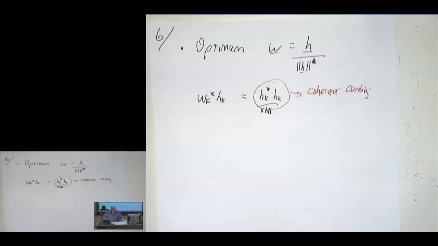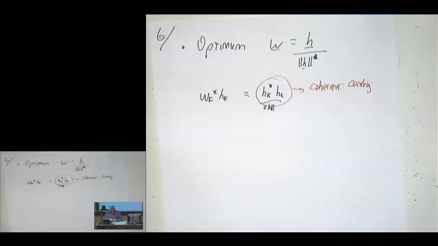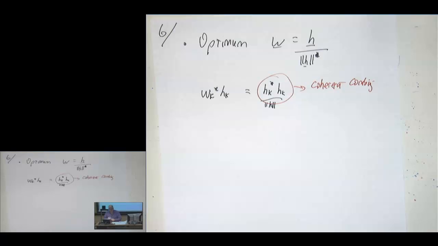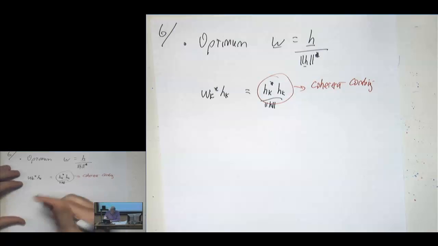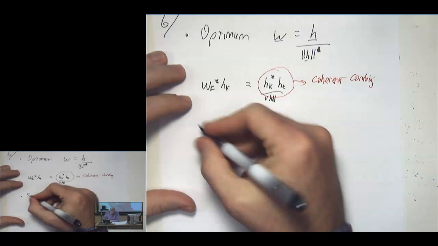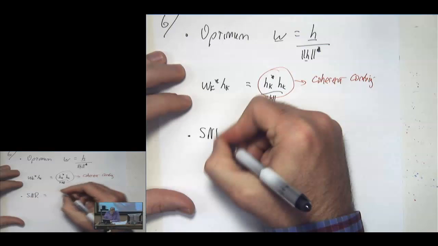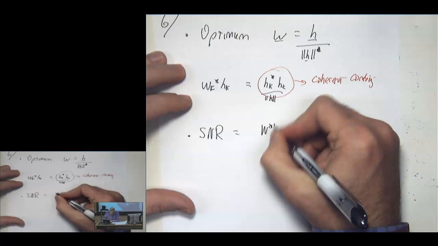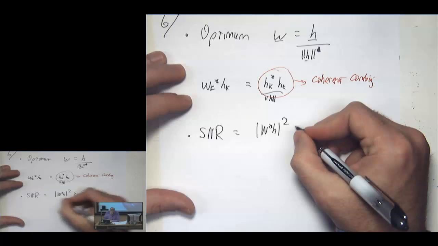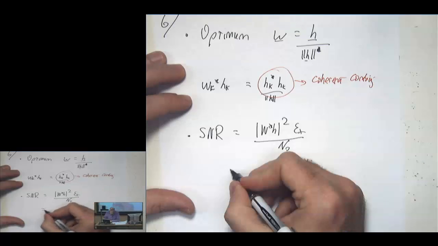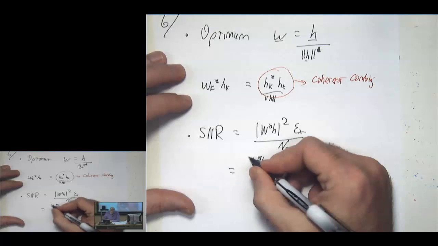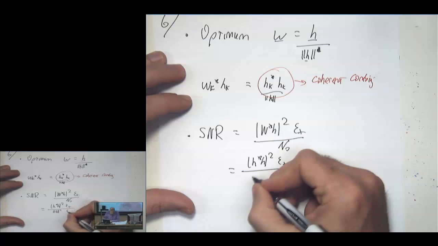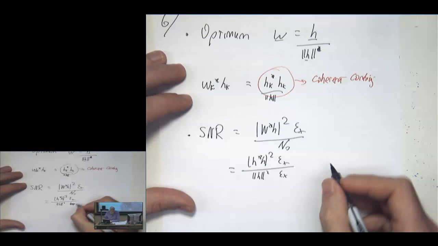Let's see, what else am I missing here? Oh yeah, probability of error analysis. So let's look at what's the diversity advantage that we achieve here. Well, with the optimum solution, this instantaneous SNR is equal to W star H squared E_X over N naught, which is equal to H star H E_X over norm of H squared, N naught.